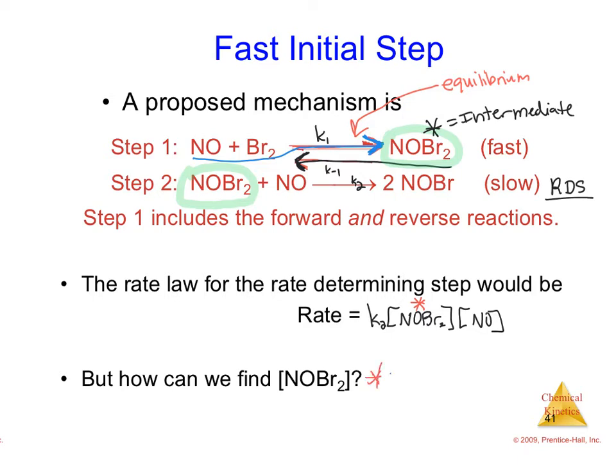Let's write that down. We must eliminate NOBr2 from our rate law because this is an intermediate.